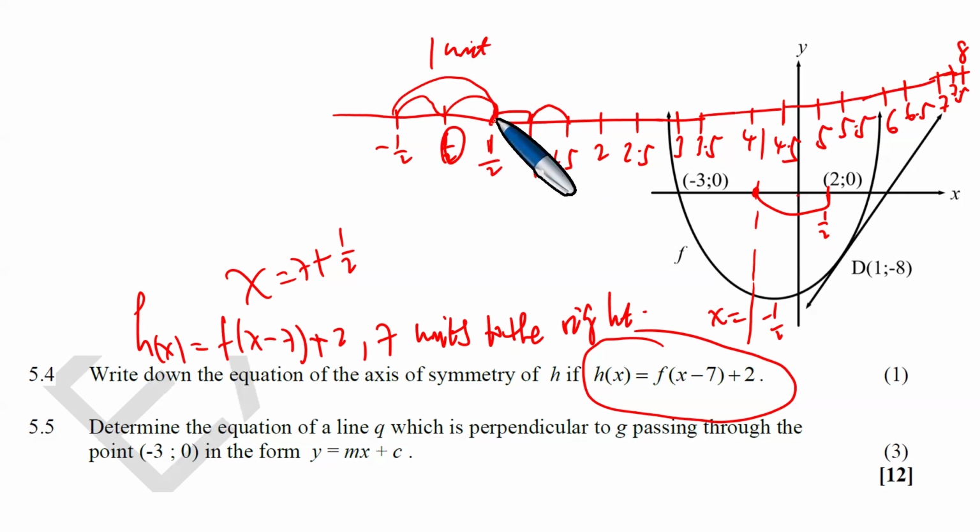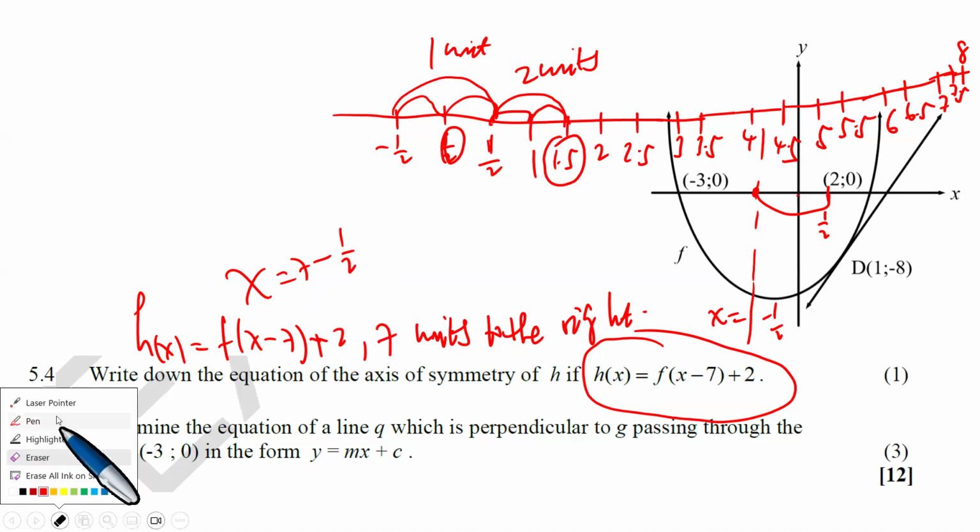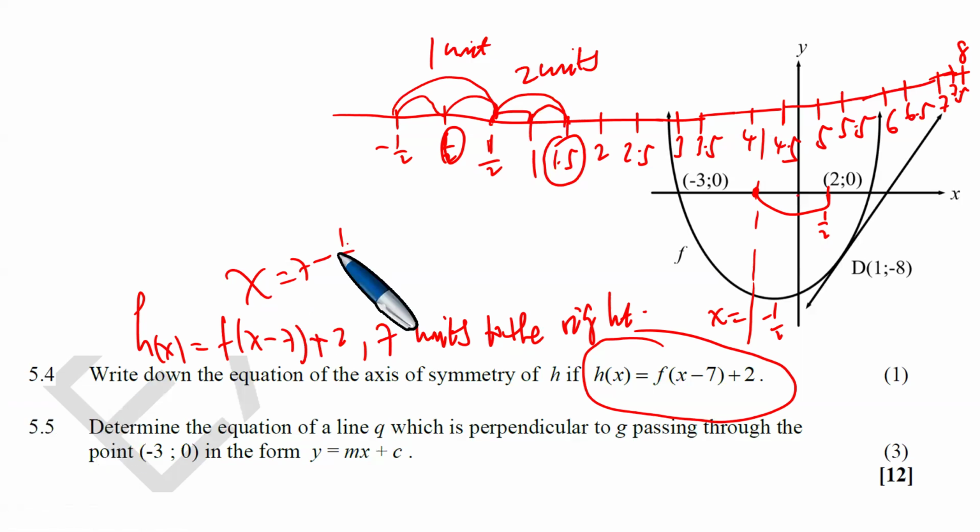It's a movement by actually 2 units, and you can see the movement by 2 units is such that it is 2 minus 0.5. So you can already see that it's going to be exactly 7 minus 1/2 there. And this is going to be exactly 6 and 1/2, or you can say 6.5.